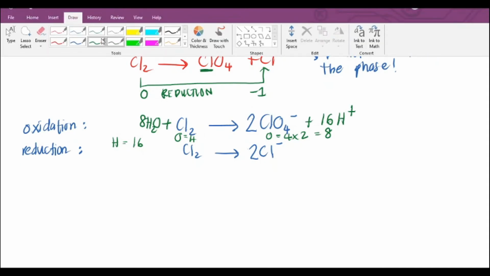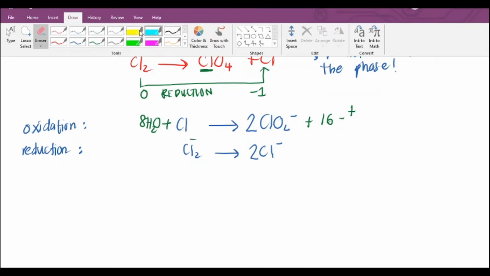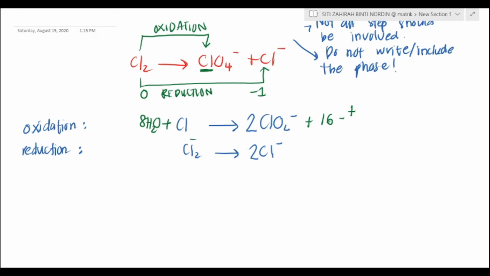So now let's balance the charge. This would be Cl2. For the charge, 8H2O there would be 8 times 0 plus 0.